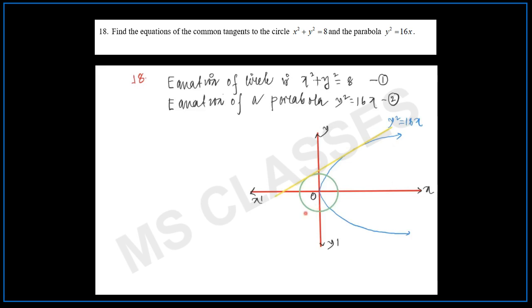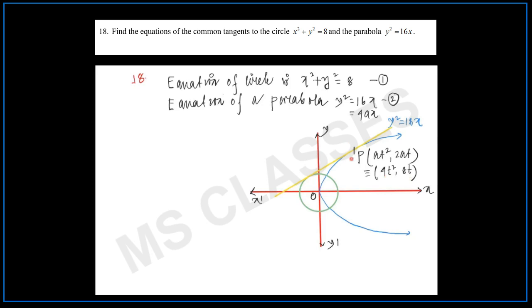Now, for this common tangent, at first we'll find the equation of tangent to this parabola. So at the parabola, if we draw the tangent, this is the point of contact. Now the point of contact, as we know for y square equal to 4ax, can be written as at square comma 2at. Now a is 4, so 4t square comma 8t is the point of contact.